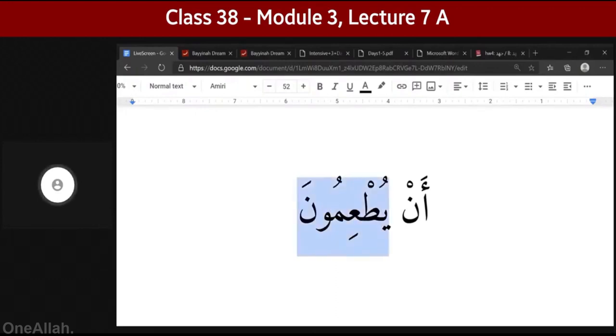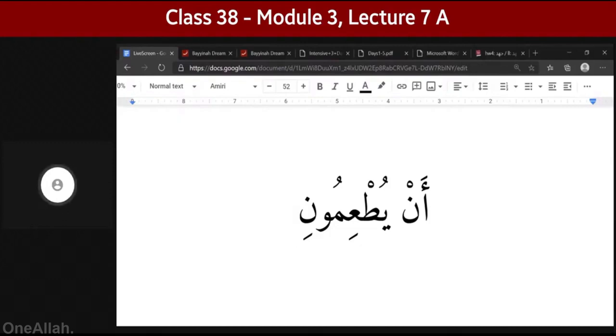We never ever learned about yut'imuni, okay? And remember, when we're talking about ending combinations, it has to match exactly. There can't be any differences. So una is not the same as uni. We never learned anything that has the ending of uni.